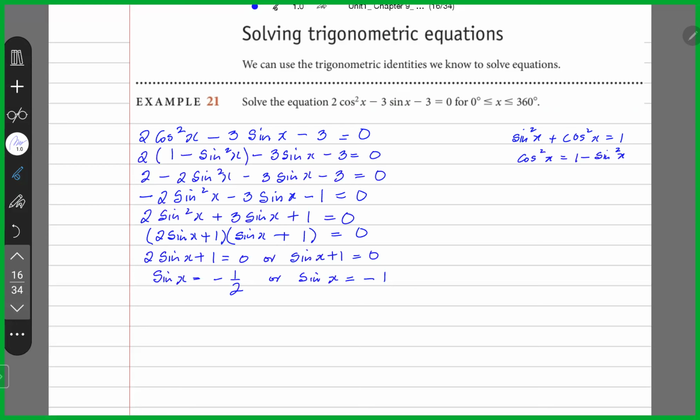Now, sine is negative in the third quadrant and in the fourth quadrant.